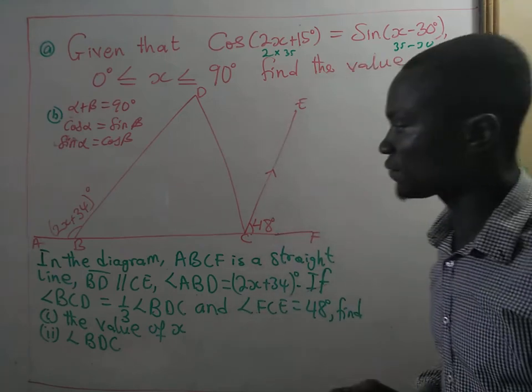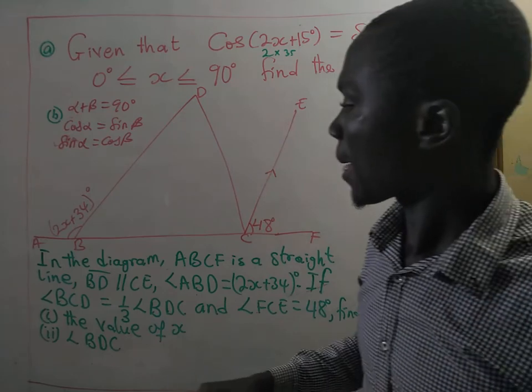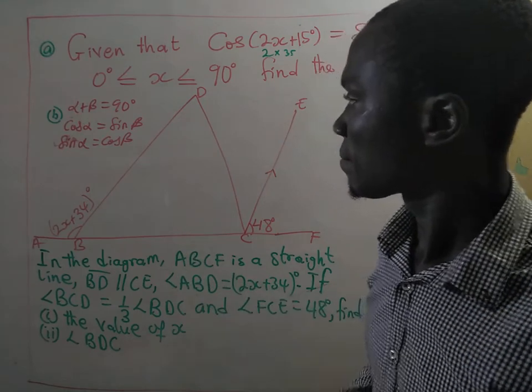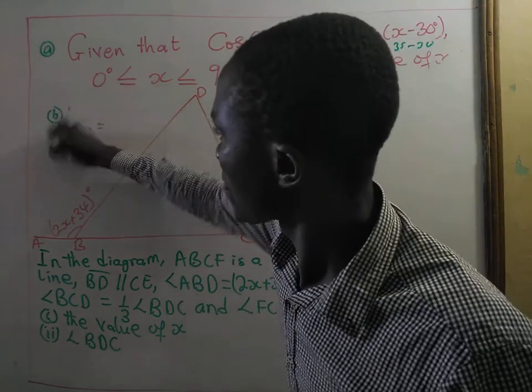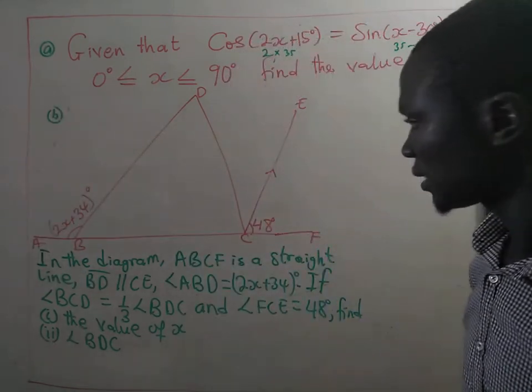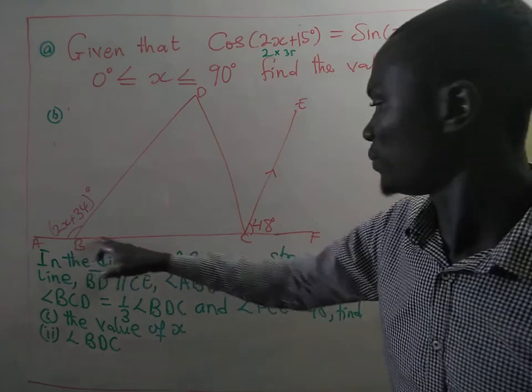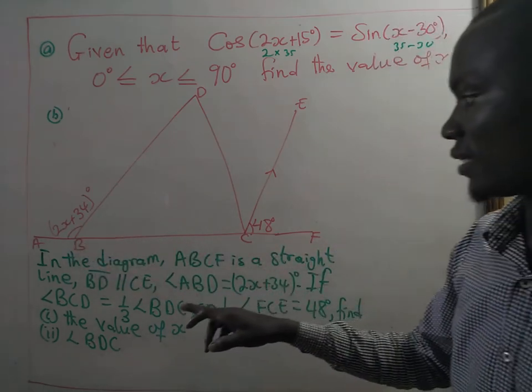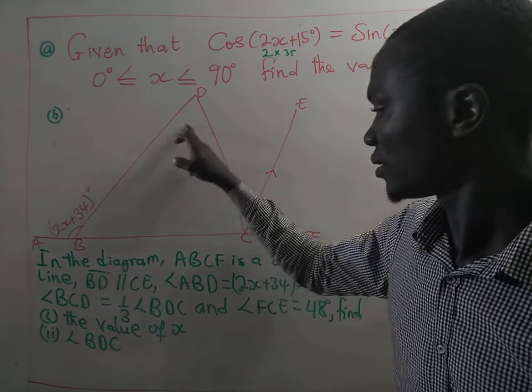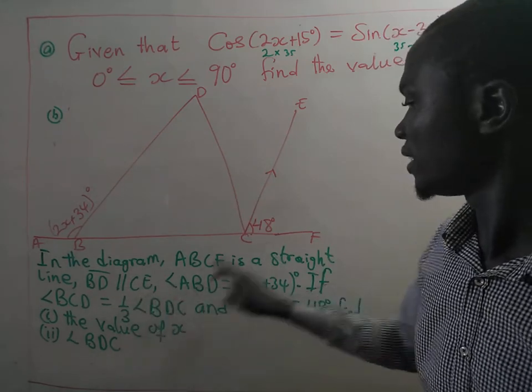Yeah, in this question we have that in the diagram ABCF is a straight line. BD is parallel to CE.